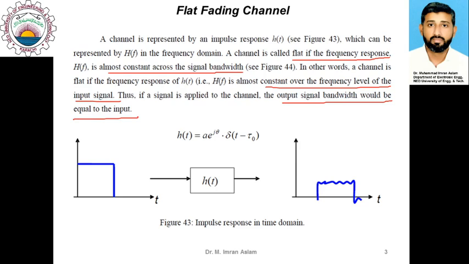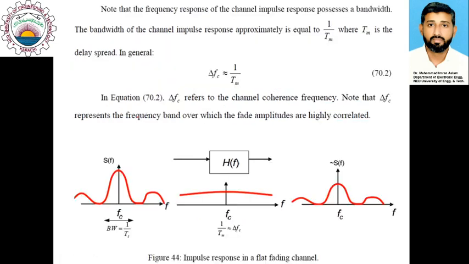You can see here, this is the input signal and we have a flat frequency response represented by H(f), and the output frequency response remains the same. There may be some change in amplitude and phase, because the channel associates some change in the frequency amplitude and phase, but the bandwidth is almost the same as that of the input signal.